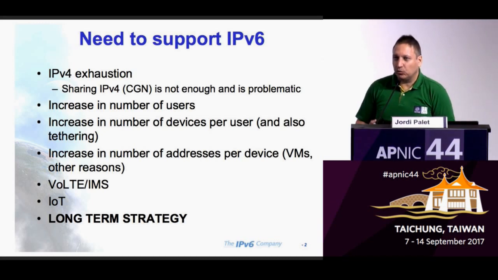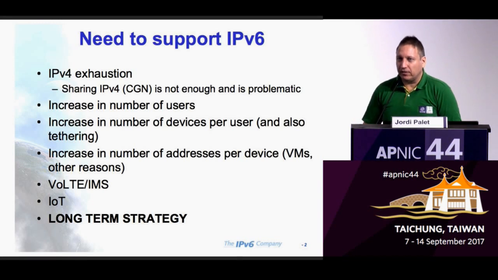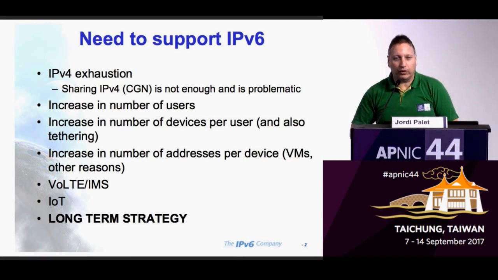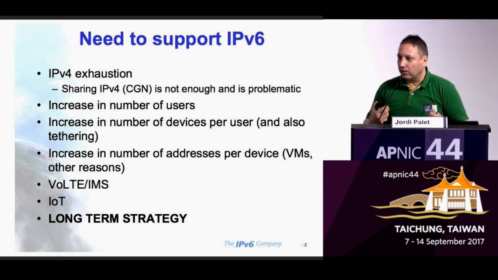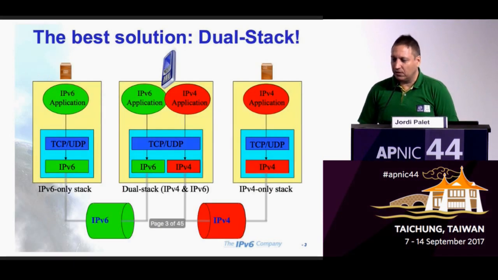And what I am trying to define here is a long-term strategy. I am not looking to suggest that you deploy carrier-grade NAT now and then later change to something else. That doesn't make sense. Let's do our end goal now, if we can, instead of doing it in several steps, right?